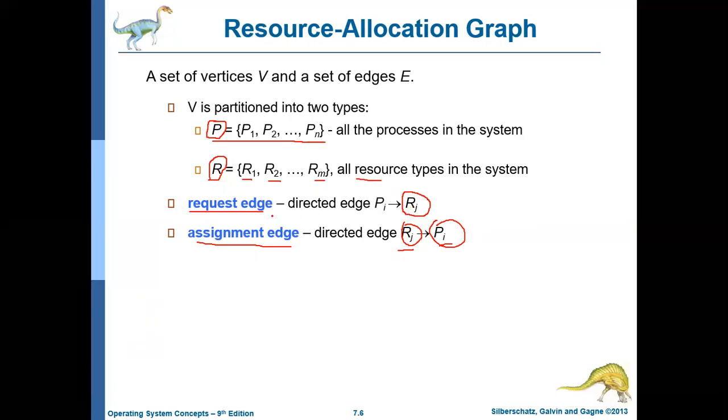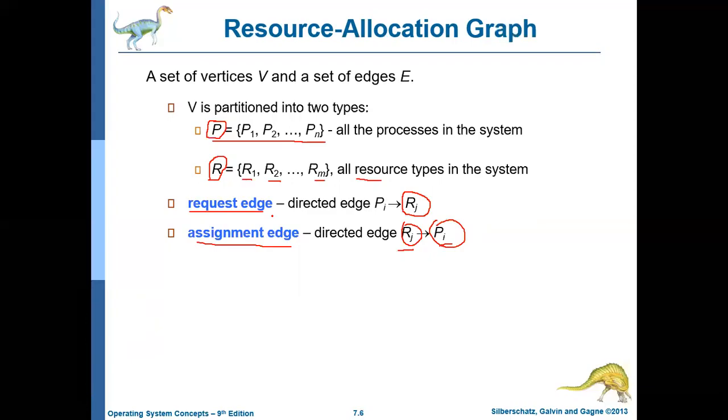So the resource allocation graph contains two types of vertices. One is the set of processes, which are represented as Pi. The other is the set of resources, which are represented as Ri. And it has two types of edges. The first one is the assignment edge. If a resource is already assigned to a particular process, then there will be an edge from that resource to that process, with the arrow pointing towards the process.